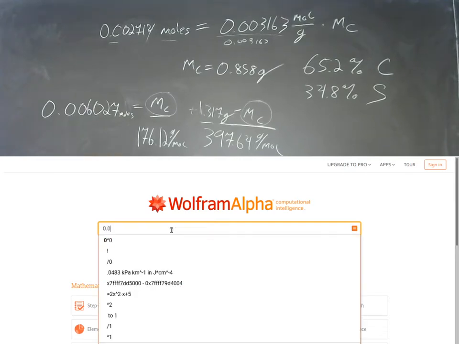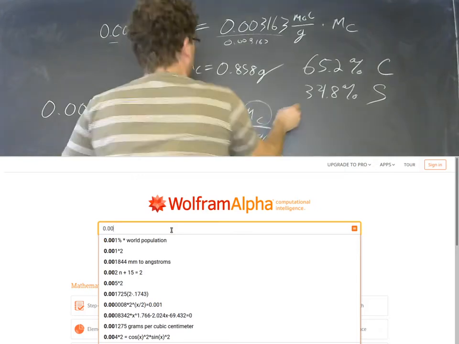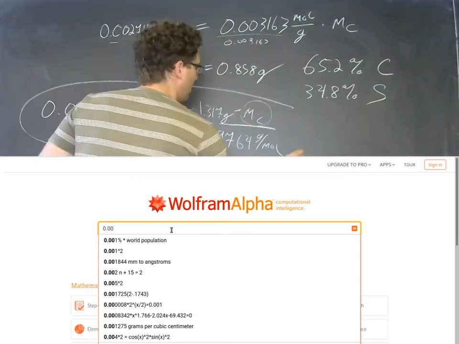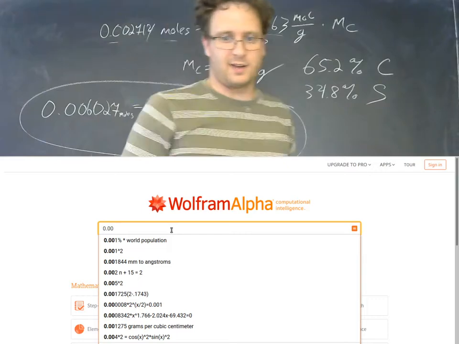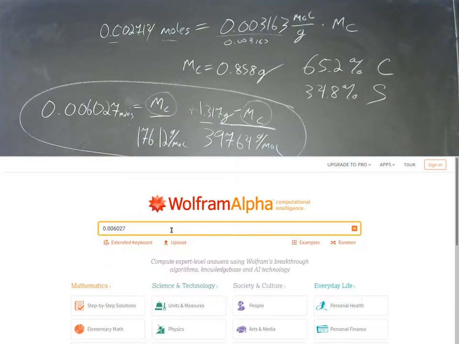So I'll just write this original equation right here before we did any of that silliness with algebra, as if we lived before the age of computers. I can just call it M, Wolfram's smart enough to figure out what I mean.